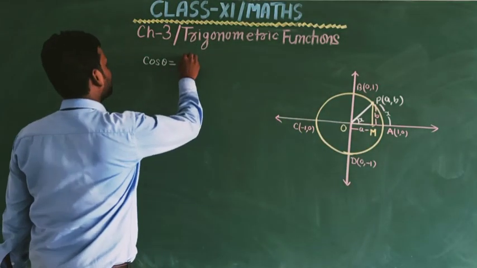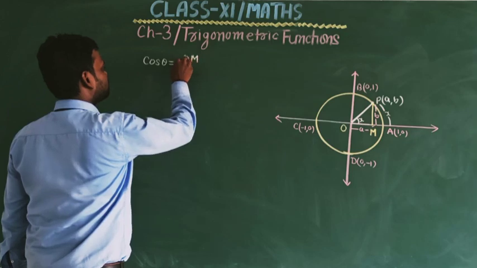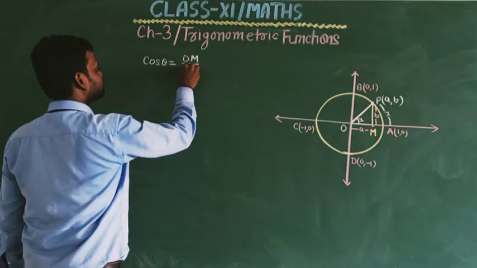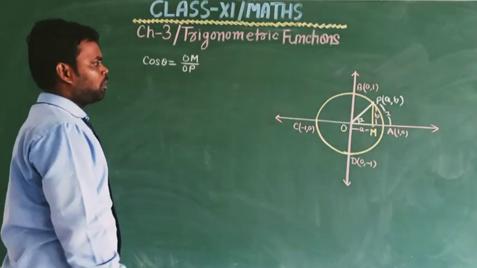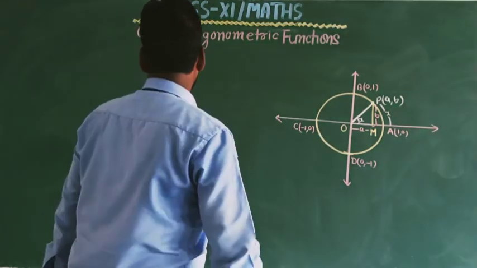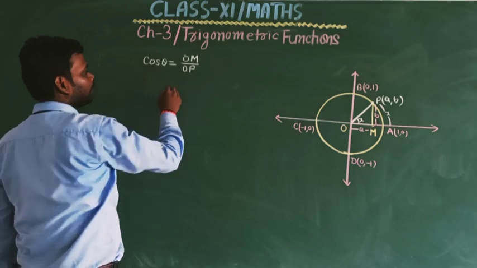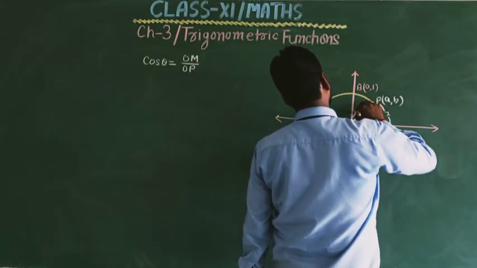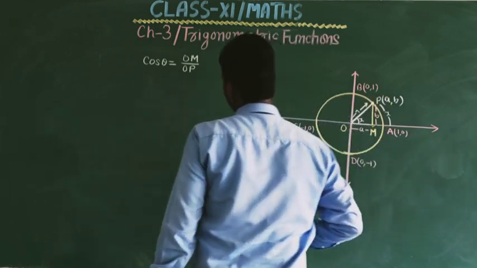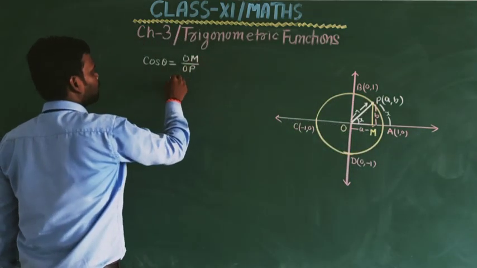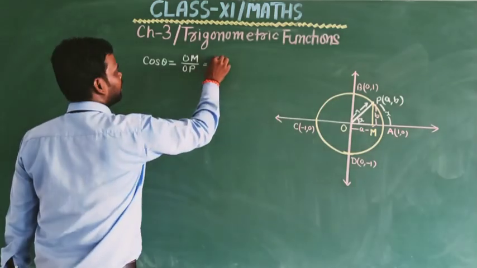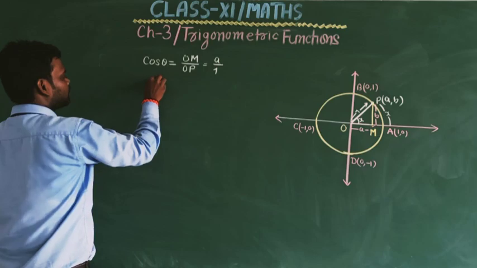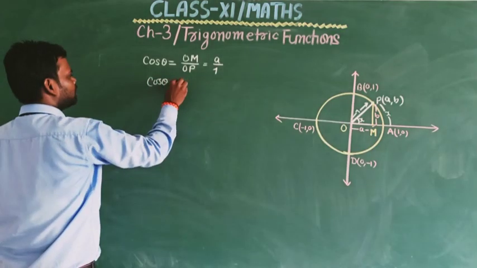So cos theta equals OM upon OP. Here OP is the radius of the circle, 1 unit. Substituting OM equal to a and radius OP equal to 1 unit, the value of cos theta equals a.